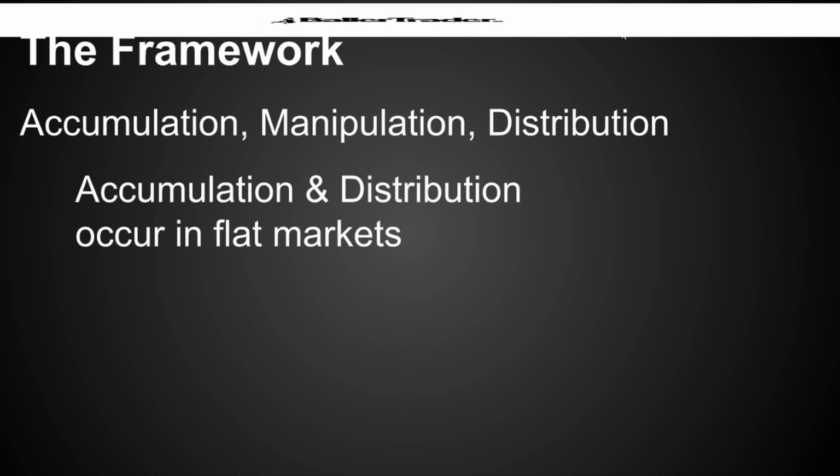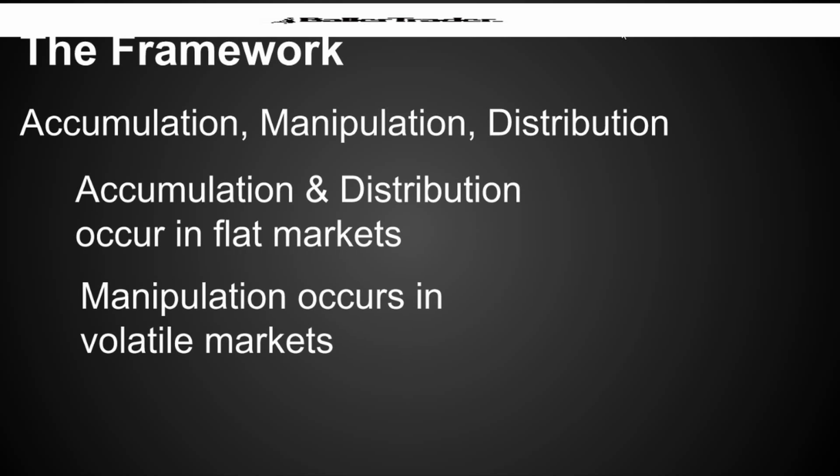The framework of all markets is going to be accumulation, manipulation, and then distribution. Inner Circle Trader has talked about this, and I find it to be very true as well. And I think that the four market profiles really capture this motto, this central driving force of the market: accumulation, manipulation, distribution.